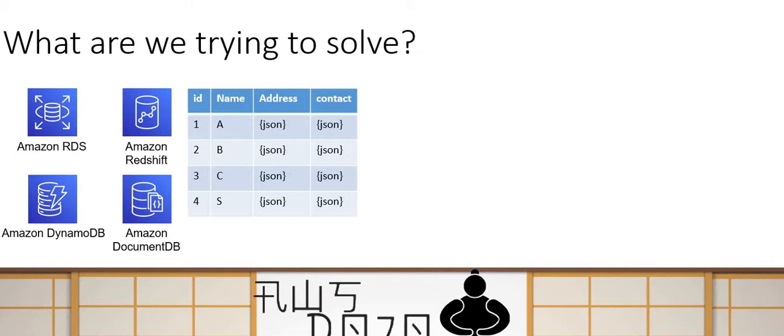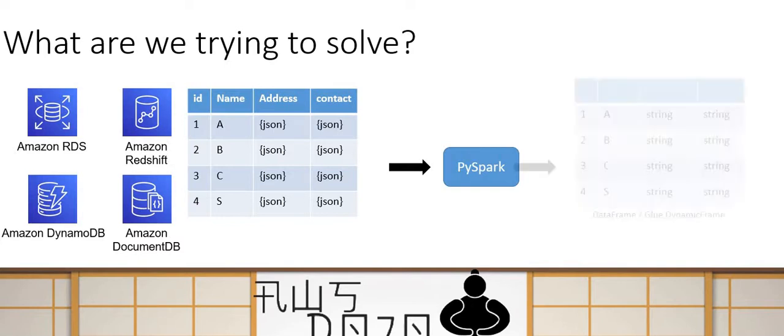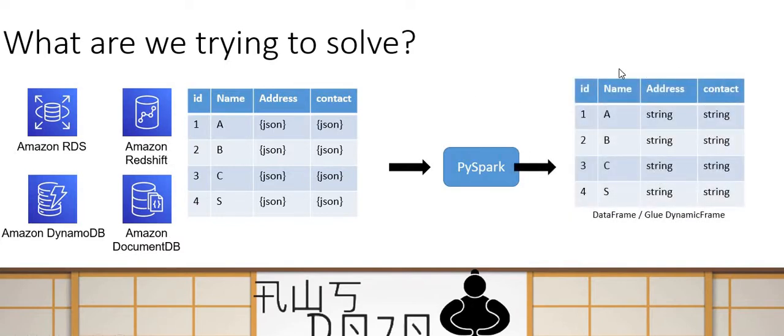That's where the challenge starts, because when you try to read this data into a data frame, the data looks like the following. You will have your scalars, like ID and name, but your address and contact, which are JSON here, will appear as a JSON string.